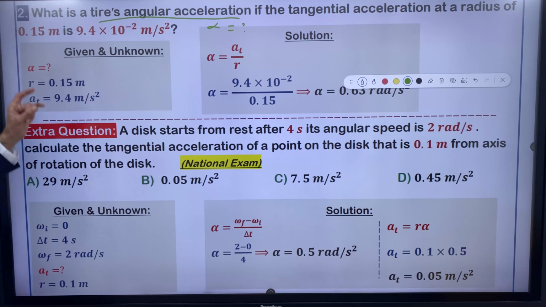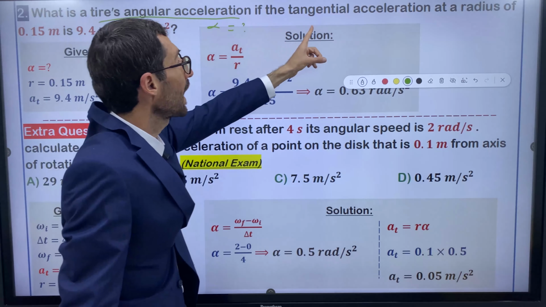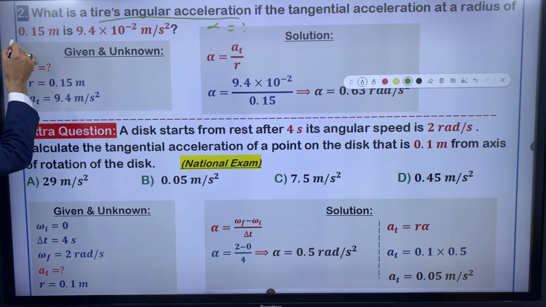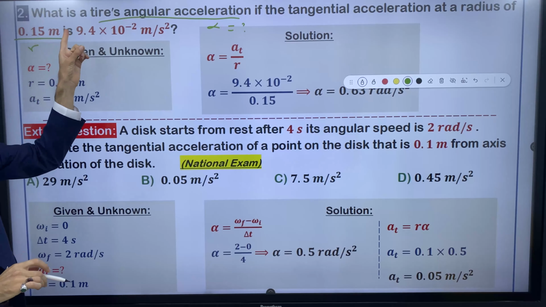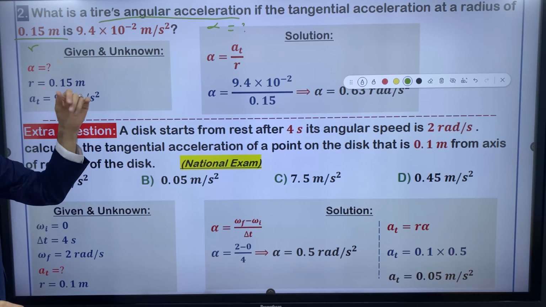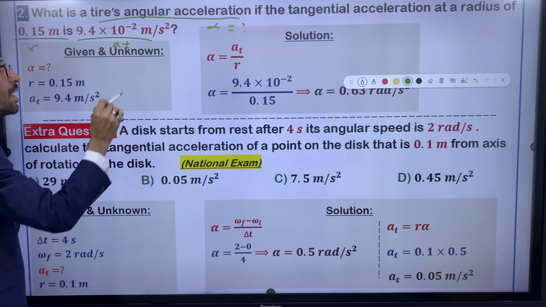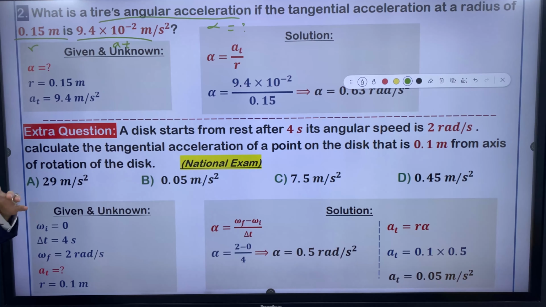Angular acceleration means alpha. If the tangential acceleration at a radius of r, 0.15 meters, is 9.4 times 10 to the power negative 2 meter per second squared, and this one is AT, all the information is available for finding alpha.